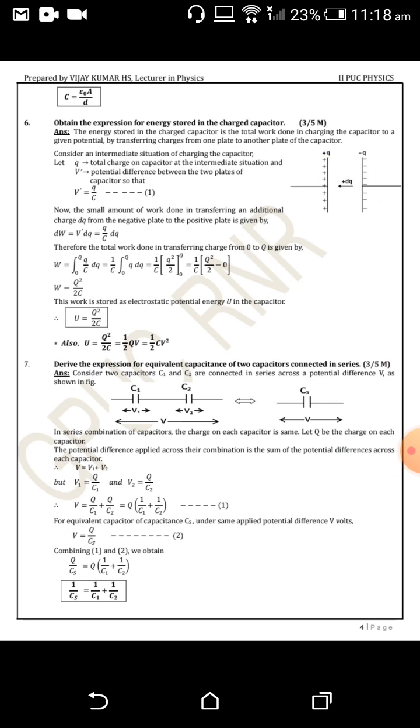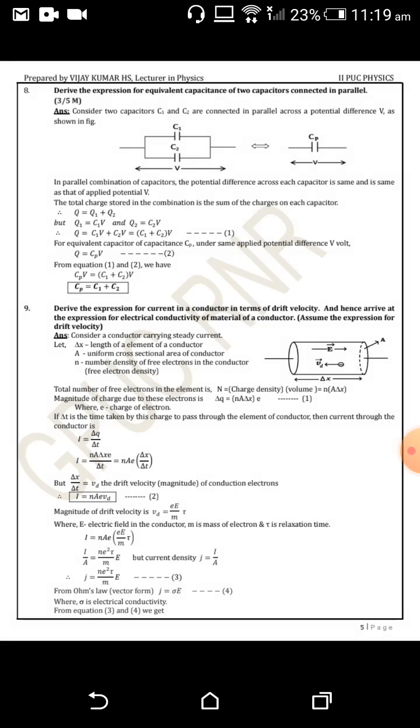That is the capacitance of two capacitors connected in series, and we have also gone through the expression for the capacitance of two capacitors connected in parallel. So we have just finished the revision of electric potential and capacitance.